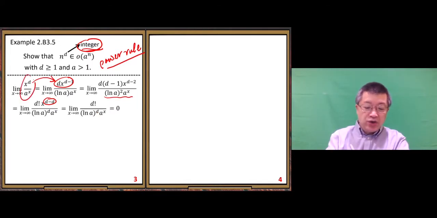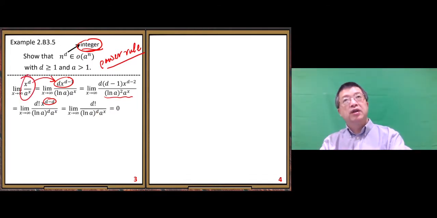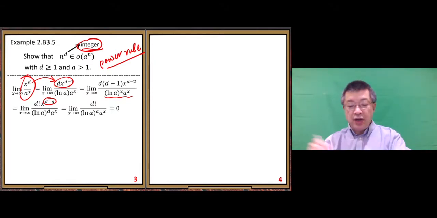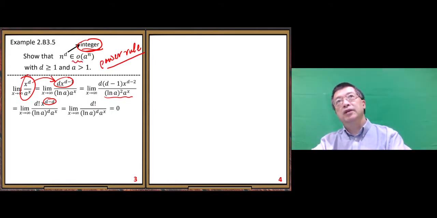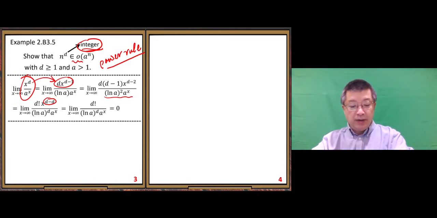If the ratio of two functions has a limit equal to 0, your conclusion is little o. So that's our definition of little o. All right, that's example number 5. Next, example number 6.